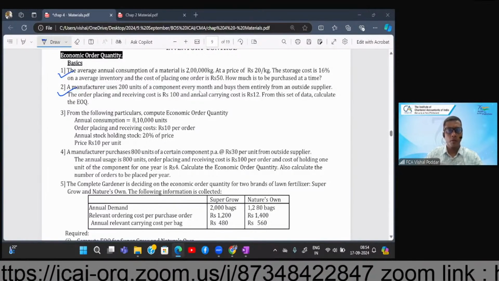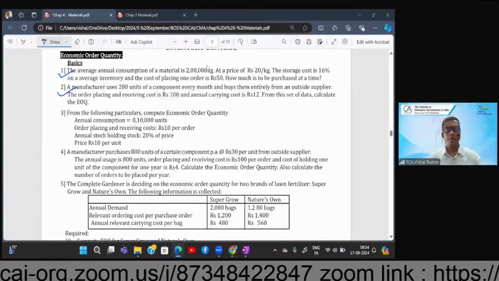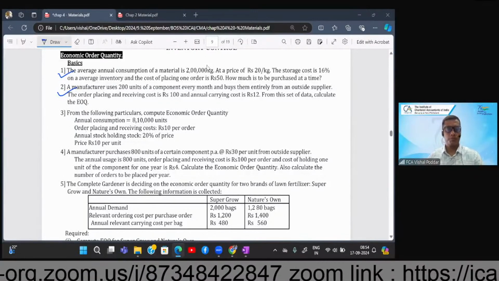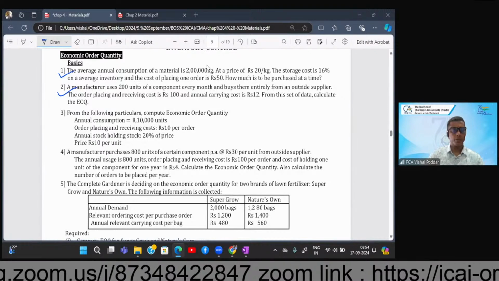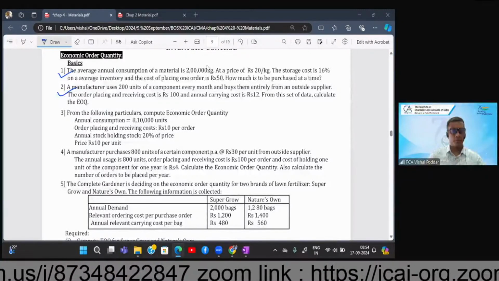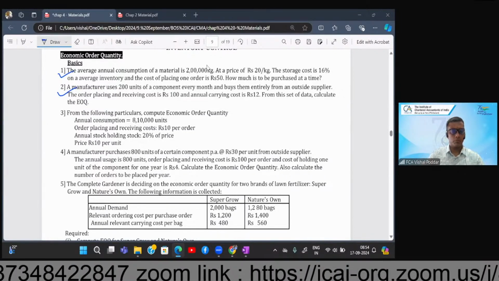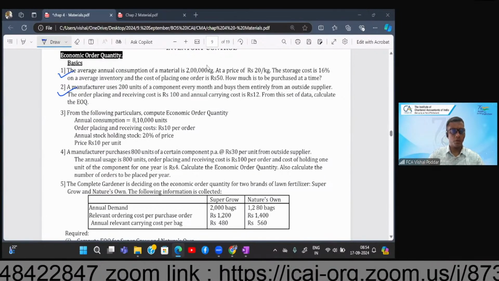Okay, I'm sure you all would have got the answers because this is very simple. So let me put the answers in for the first question. Four thousand kgs.